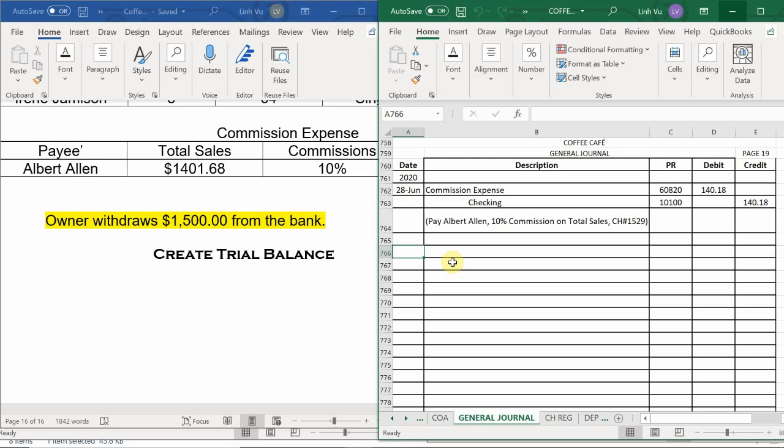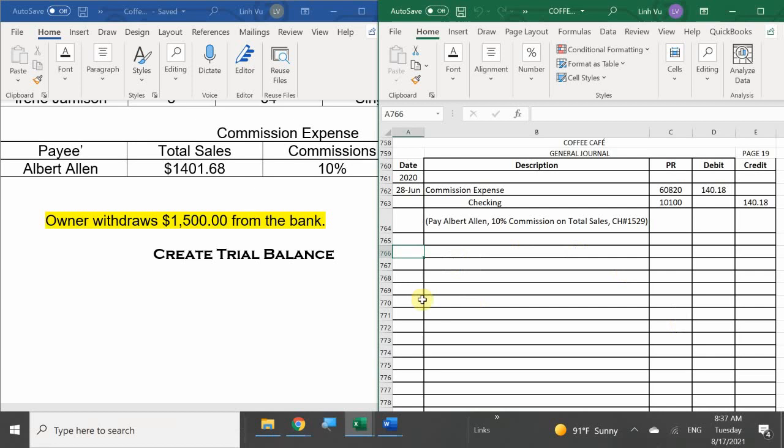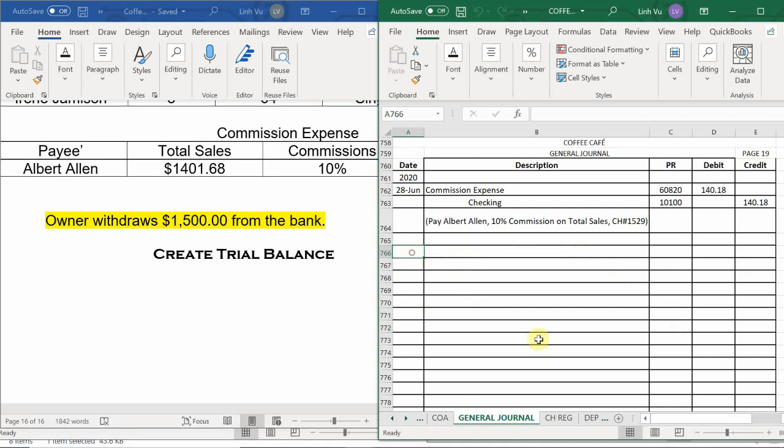So in this case, how should I journalize this? Good. Owner's withdrawal and checking. Okay, so here we are. We're still on the last date, which is the 28th.